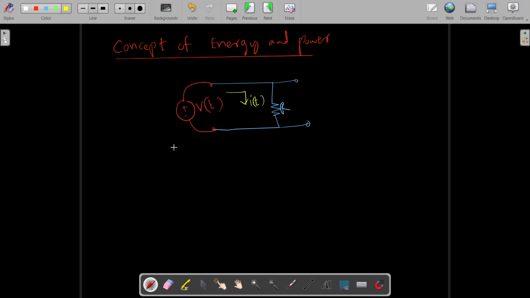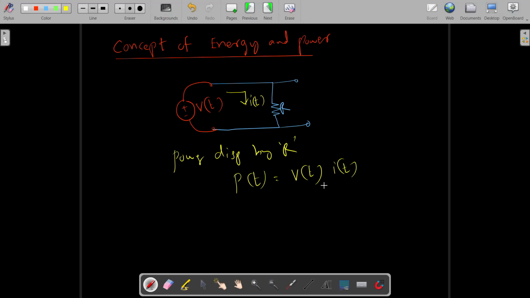Now the question is, what is the power dissipated by R? P of t is equal to V of t into I of t. This is the power formula.